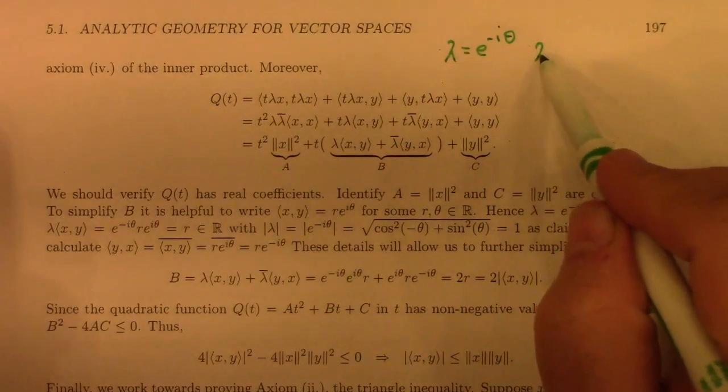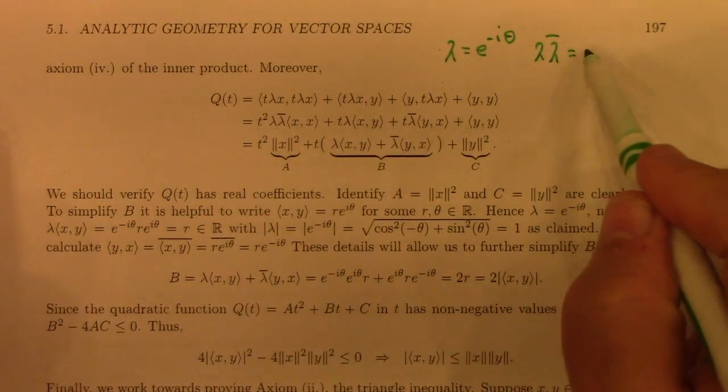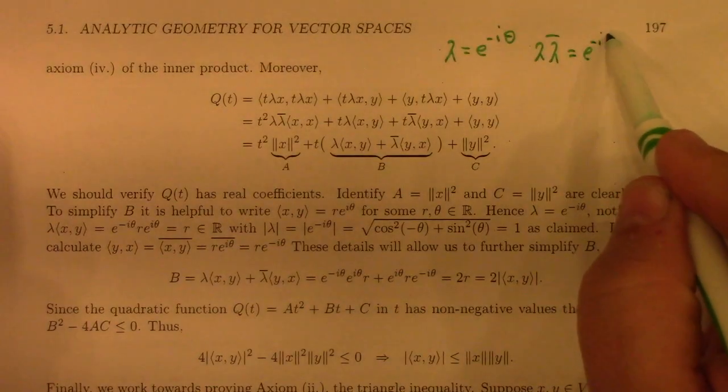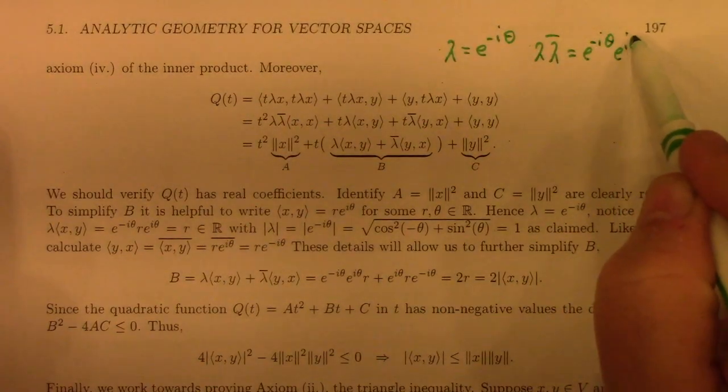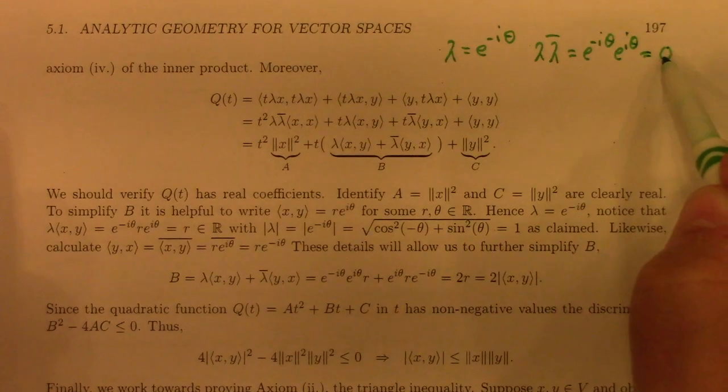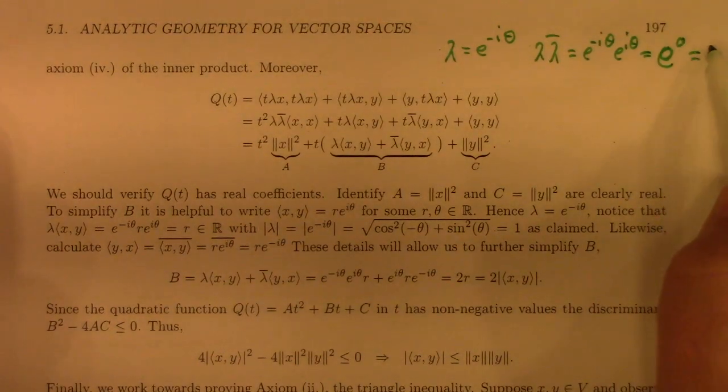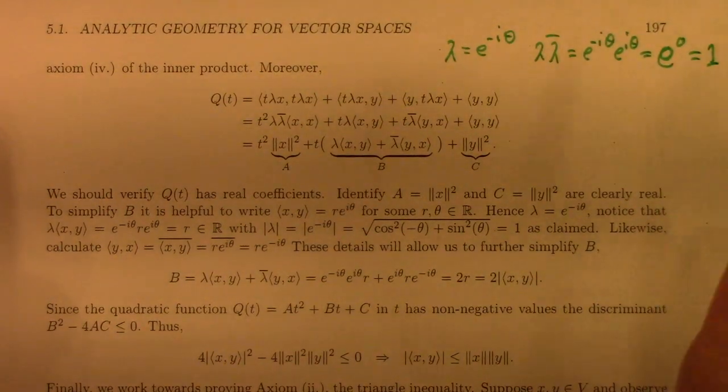So lambda lambda bar is e to the minus i theta times e to the i theta, which of course is just e to the 0, which of course is 1, right?